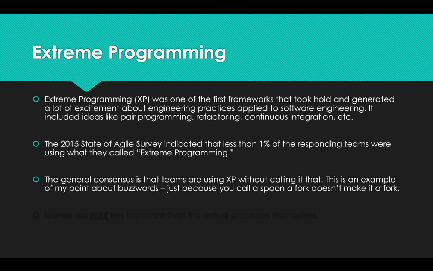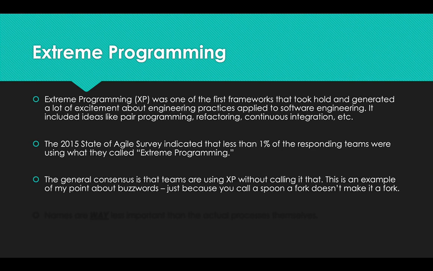Now, that isn't to say that extreme programming died. What it means is that people were actually using components of extreme programming without actually calling it extreme programming, which kind of reinforces my point about buzzwords. Just because you have a spoon and you call it a fork, that doesn't necessarily make your spoon into a fork.